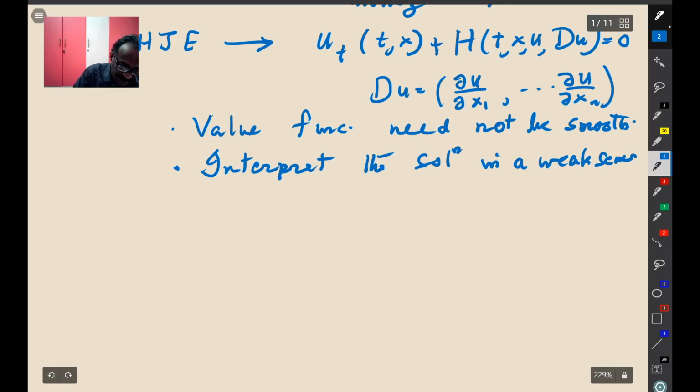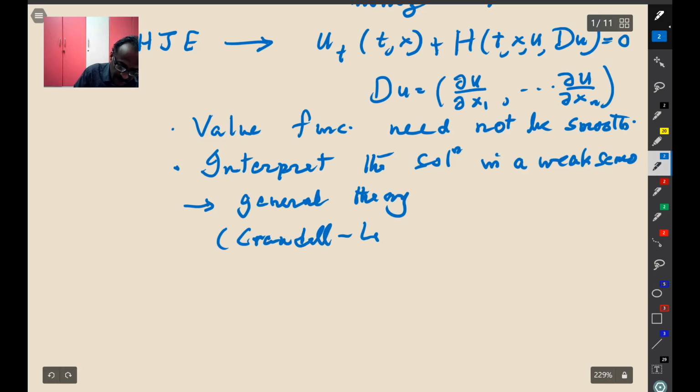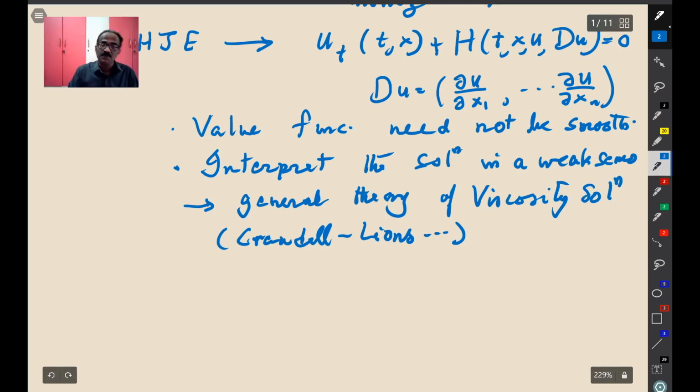There is a very general theory developed in the 80s by Crandall, Lions, and many other people. They developed a theory of viscosity solutions. We will not discuss that here. This viscosity solution theory is also extended to general nonlinear equations, not necessarily Hamilton-Jacobi equations.